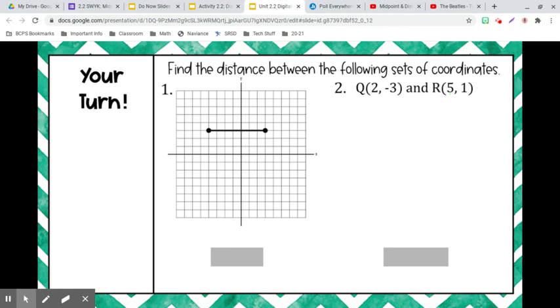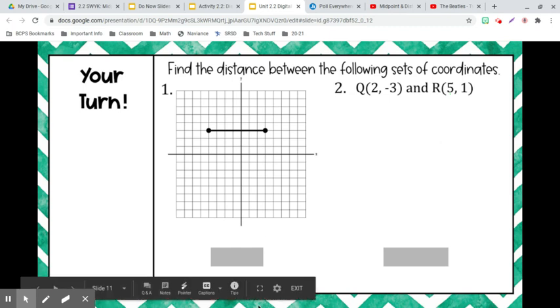So on my paper, just like I did for the midpoint formula, I'm going to give myself the distance formula, which is D equals the square root of x2 minus x1 squared plus y2 minus y1 squared.